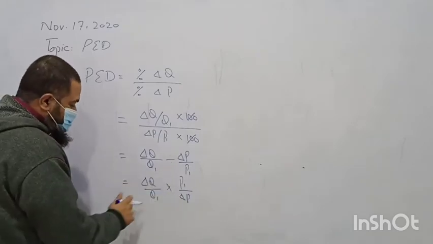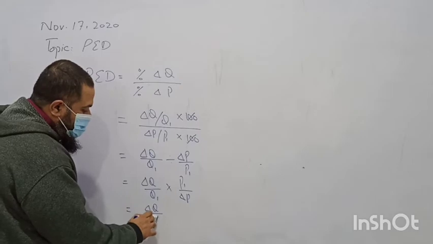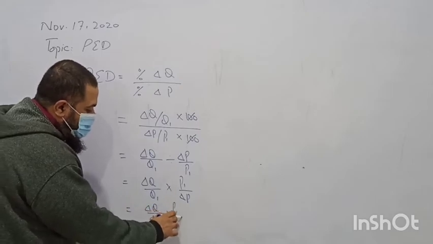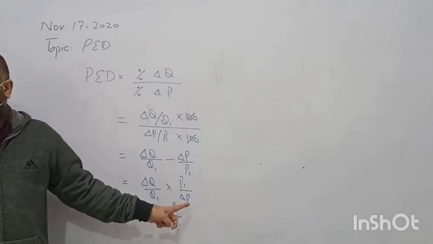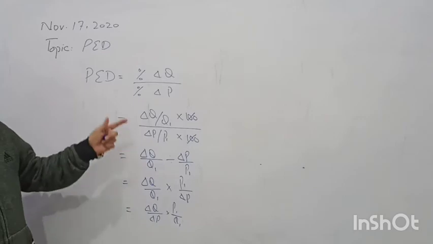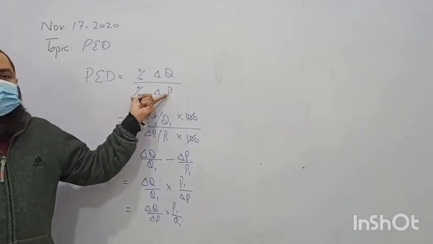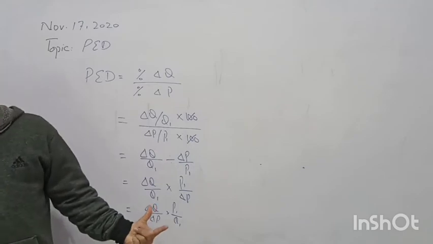Now we write change in quantity over change in price times P1 over Q1. We are changing the position of delta P. So if you feel difficulty measuring the percentages, you can use this same formula.